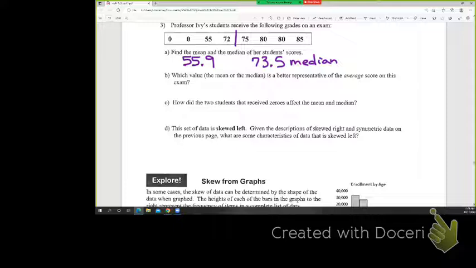Yeah, the 55 is the only person who failed the test. But when you see 55.9 as the average, it looks like, wow, man, I suck as a teacher. And it's no, my people aren't showing up to take it. So I think here that the better representation would be the median.